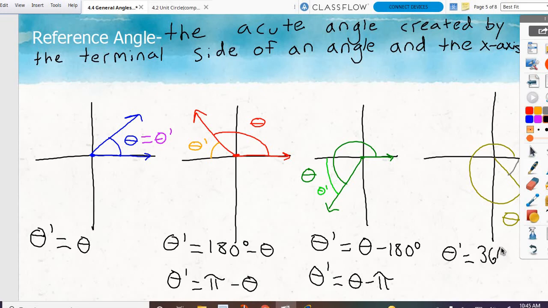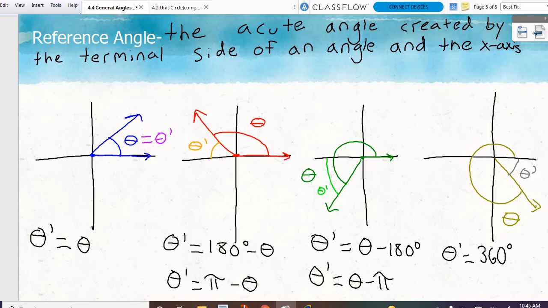So the whole rotation is 360 degrees. The part that I have left over is what we're needing. So if I'm in radians, what is 360 this time? 2 pi. So we would do 2 pi minus theta.